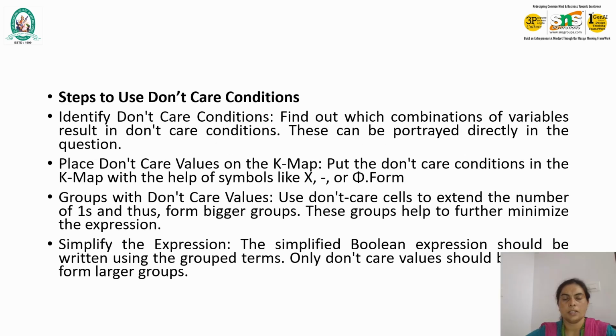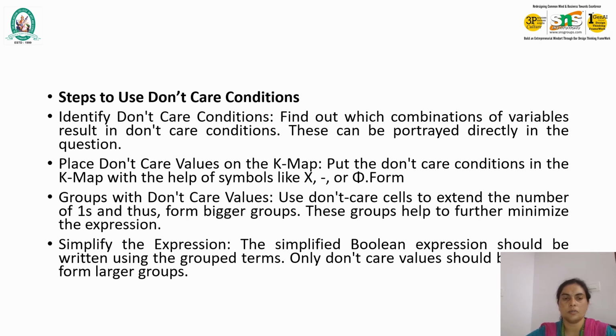When concentrating on the steps of how to use a don't care condition, we have to find out which combinations of variables result in the don't care condition. This can be given directly in a question, where the don't care is marked with symbols like X or a minus. We then extend the groups of ones into bigger groups, which are used for further minimizing the expression, and the Boolean expression is written using the group terms.